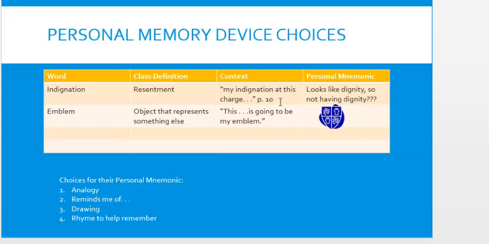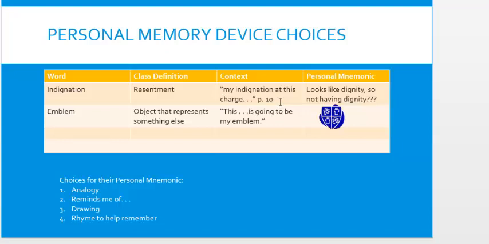I don't want to be labor intensive on this strategy. Instead, I want them to just think about the way it's being used in the text. And then they get to create their own mnemonic for it. So maybe the student would write, well, it looks like dignity, so maybe it's like not having dignity, so that can help them remember resentment.